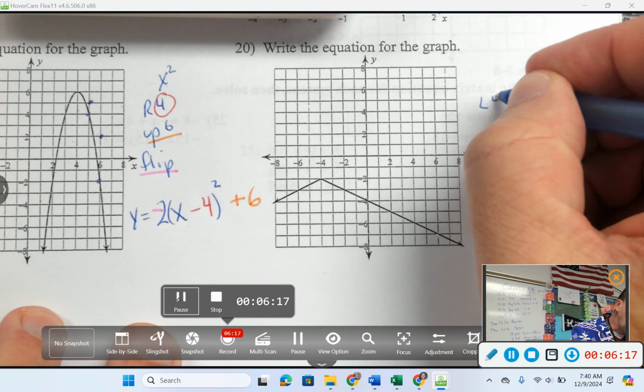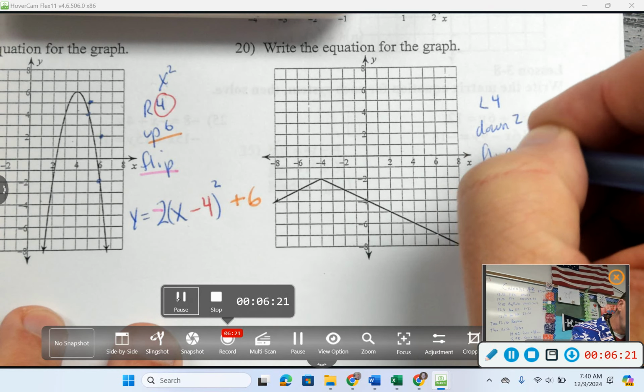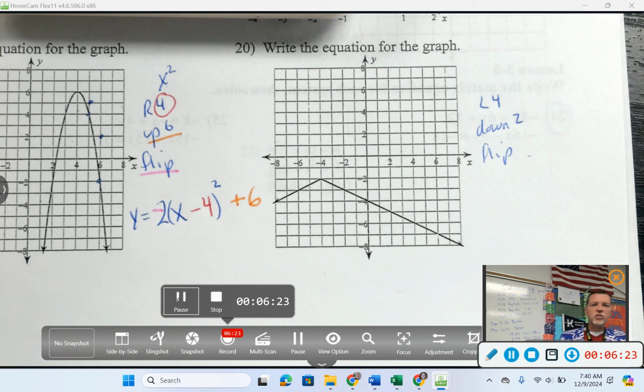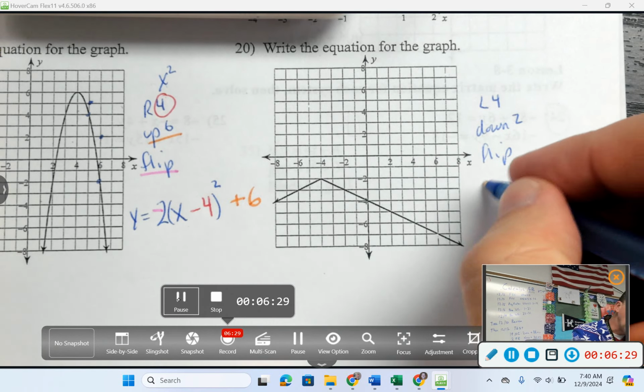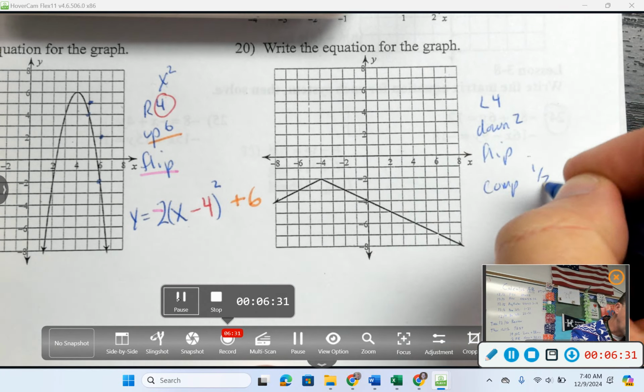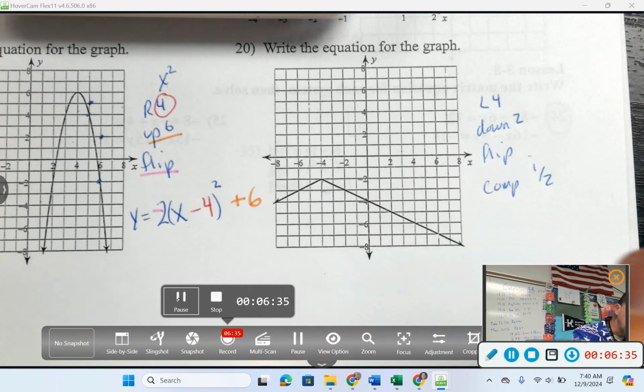Let's see. Left 4, down 2, flip. How would you describe the stretch on this one? Okay. Compression by how much? By a half. Because the slope is now 1/2 rather than 1.